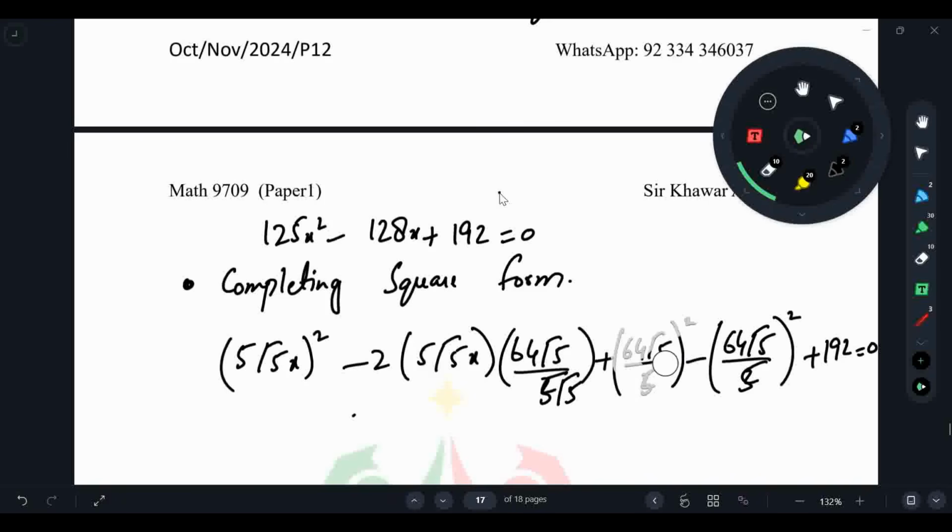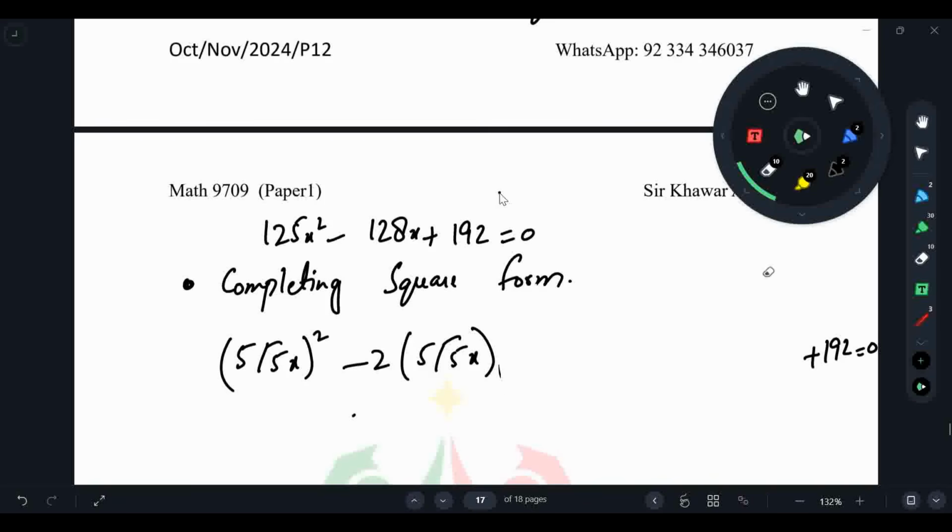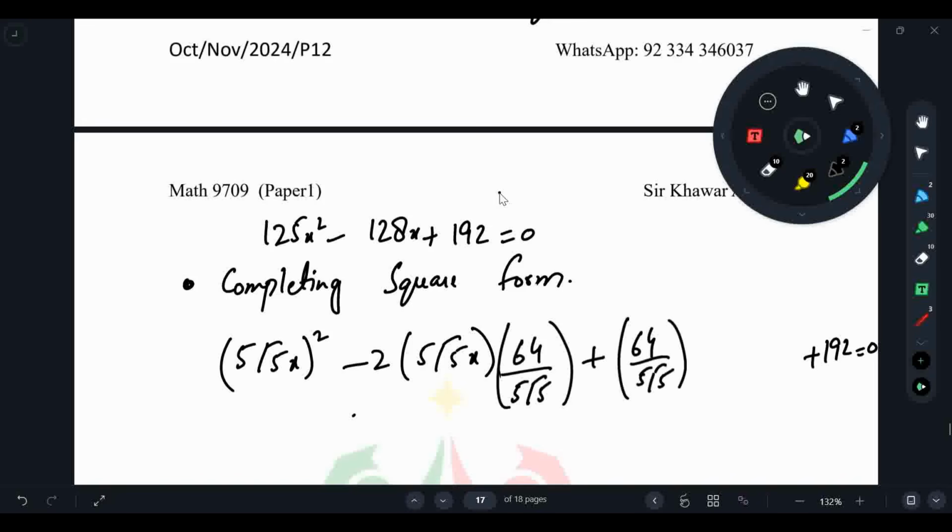Let me remove these two first, then we can simplify it and try to make it as 128. We can write 64 divided by 5 square root of 5. Yes, we can cancel out these two, and 2 into 64 is 128. So we need 64 by 5 square root of 5 over here, minus 64 by 5 square root of 5 whole square over here. Yes, now this one is correct.